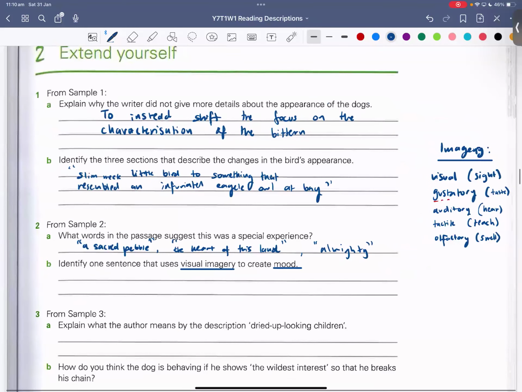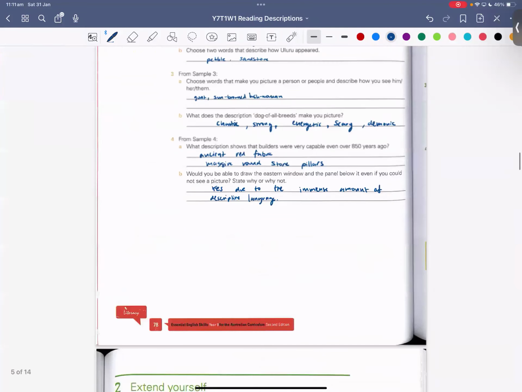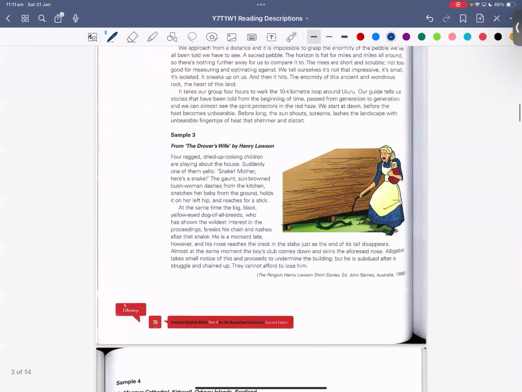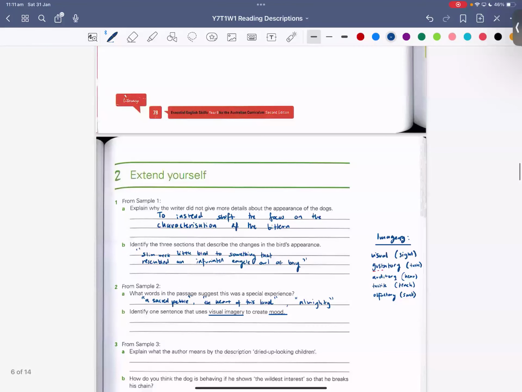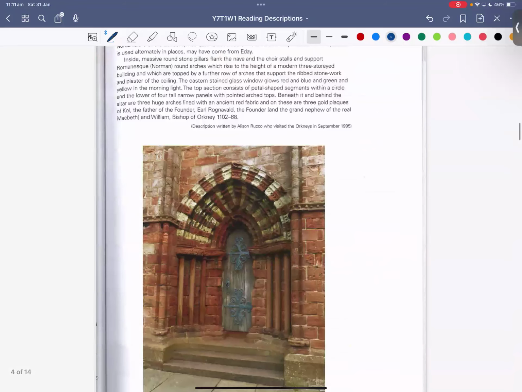Okay, so we have established that visual imagery is what we can see. Words describe just plainly what our eyes can interpret. Now, mood is what emotions come out of reading this story. What kind of vibe do we feel, essentially? Okay, so if we wanted to identify one sentence that creates a mood in sample 2, let's see.